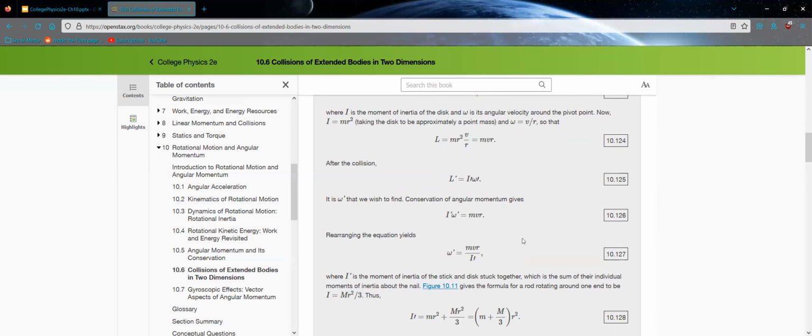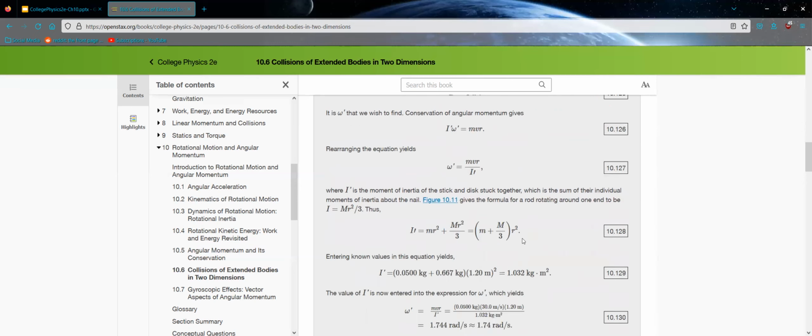So given all of that, let's solve out what we have here. So that I prime is the moment of inertia after collision, okay? There's more inertia of the stick and the disk as they're stuck together, which is the sum of the individual moments of inertia around the nail, as said before.